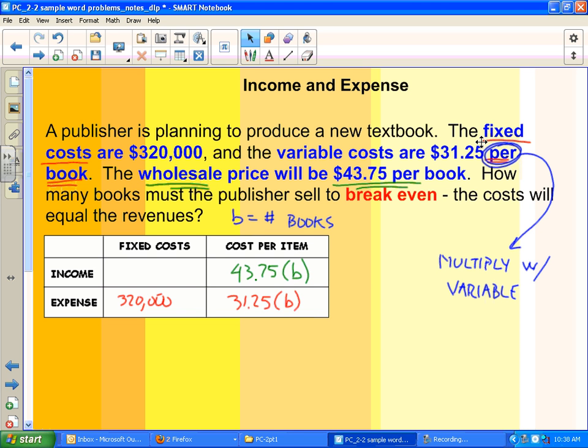Maybe this example might not be the best one to talk about fixed costs. Let's talk about gym memberships. Does anyone here have a gym membership? Where's your gym membership?